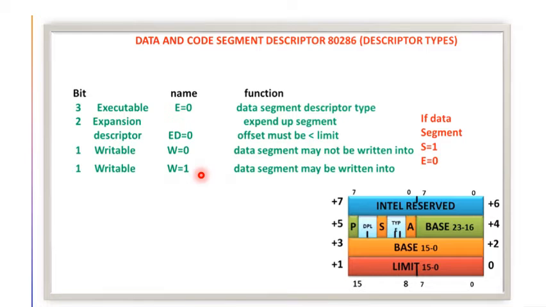If S is equal to 1 and E is equal to 0, at that instant of time, a data segment is selected. If S is equal to 1 and E is equal to 1, a code segment is being selected.